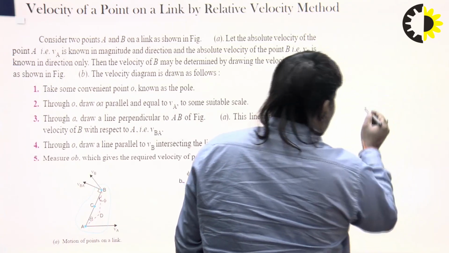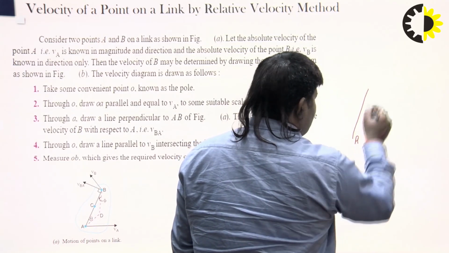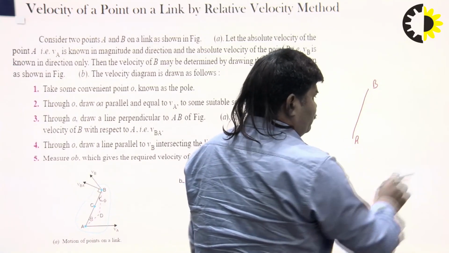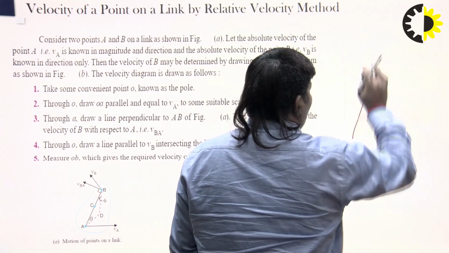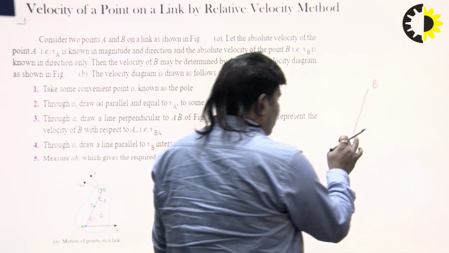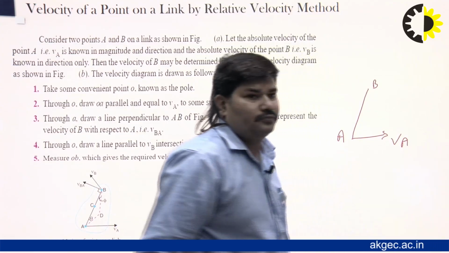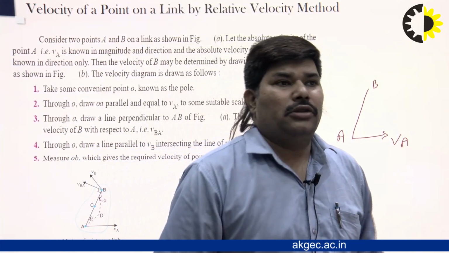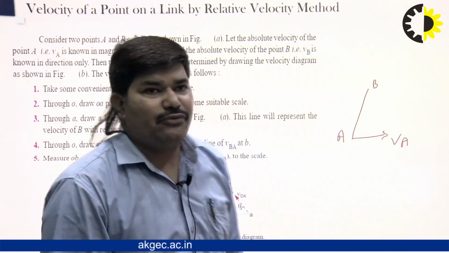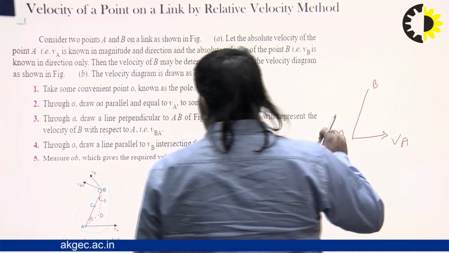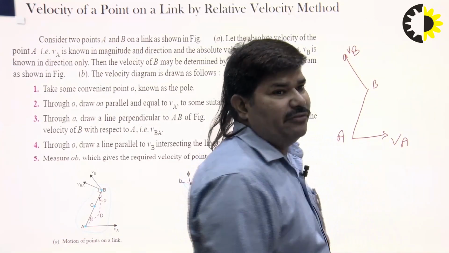So this is the link AB. Here, for point A, the magnitude and direction of the velocity VA is given, and for the absolute velocity of point B, only the direction is given.